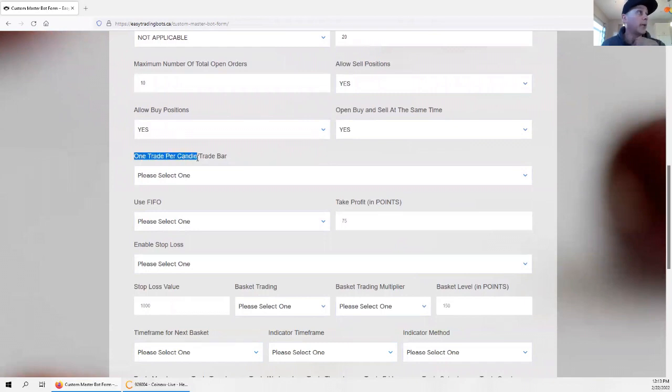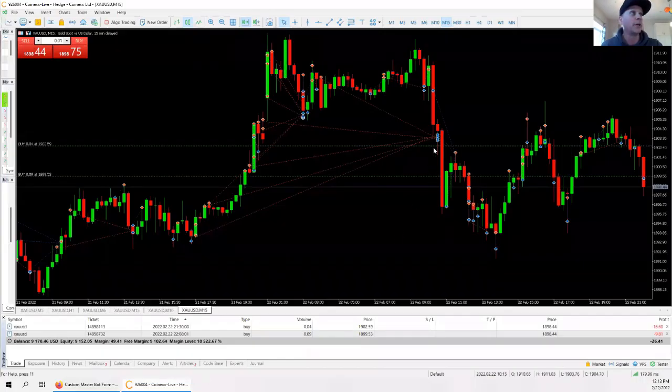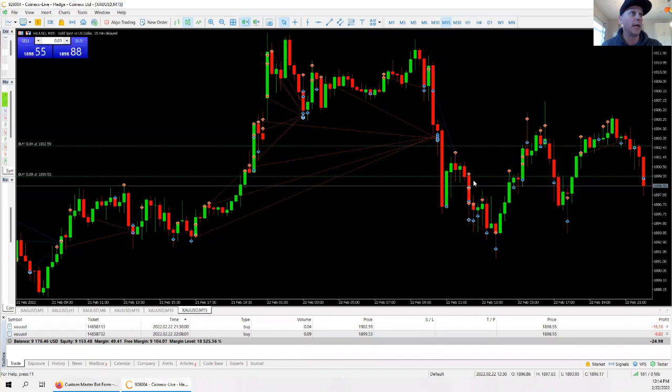One trade per candle. I always set mine to yes. This means that if you're trading on a 15-minute chart, and we'll go over here, here's a 15-minute candle, right? And you can see here that my live bot right now is in 2 baskets and it's going down, and right here, it opened an order. Now, if this candle goes into a 3rd basket area, it's not going to open that until this candle closes and the next candle opens.